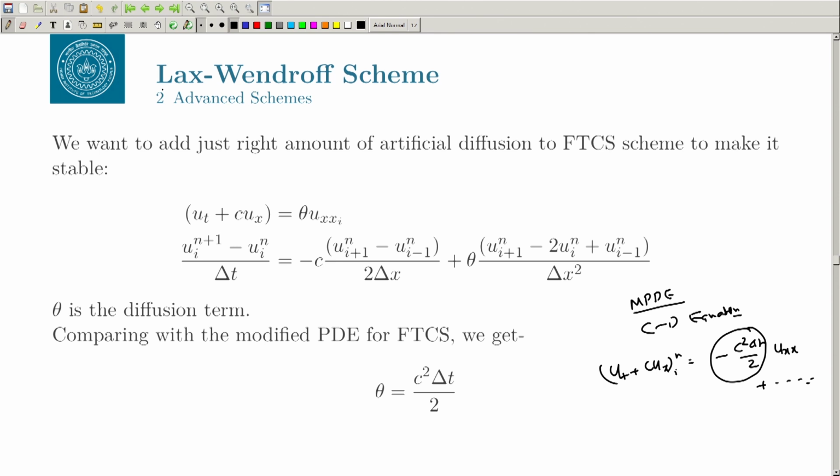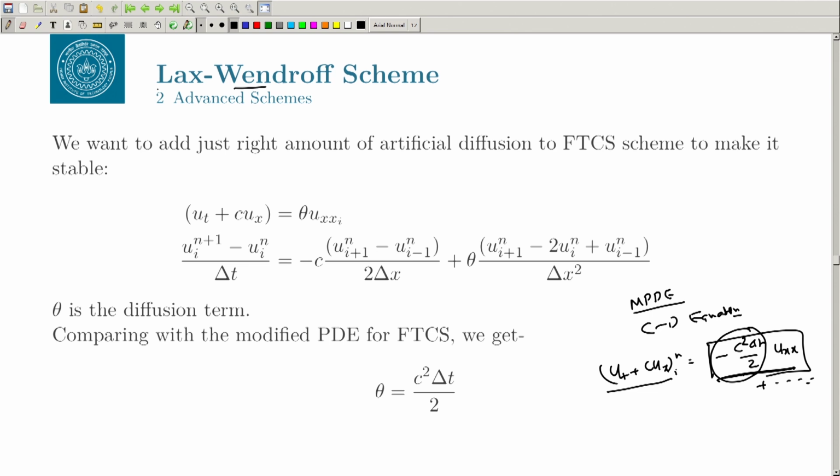So what Lax and Wendroff did is they said: we want to use the central differencing scheme, but because of negative diffusion the scheme is becoming unstable. So what if we make sure that we have zero diffusion, that means we cancel out this term.